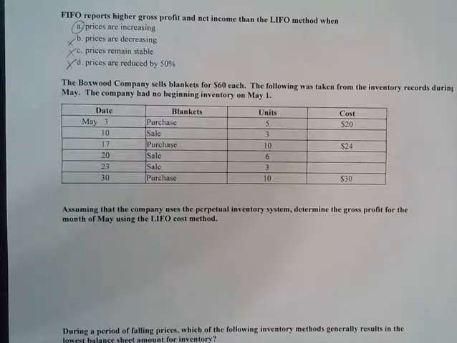So let's say that we're selling an item for $10, and we were paying $4 per unit for it. Now we're paying $5. Well, we sell an item today for $10.